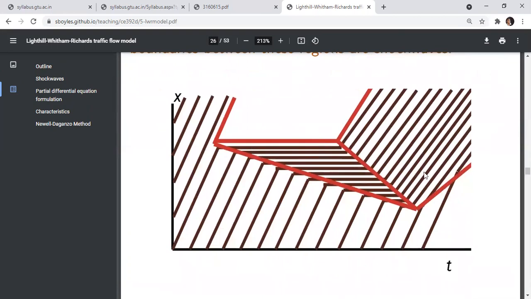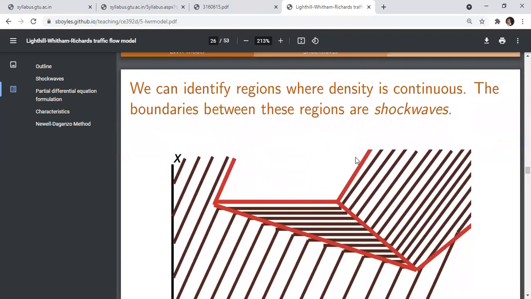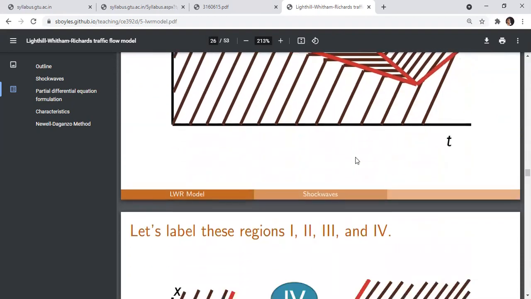The road section is occupied by vehicles in a continuous formation, whether moving or resting, and these boundaries are known as shock waves.